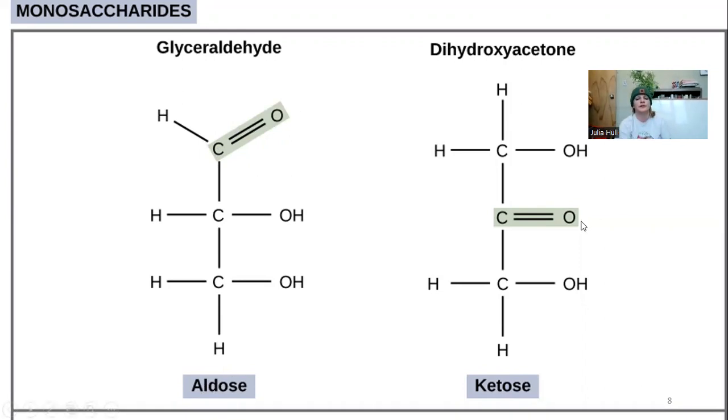A ketose, on the other hand, has that double bonded oxygen one carbon in from the very end. In this case, because it only has 3 carbons, it's double bonded to the middle. So just know the big difference between an aldose and a ketose. Ketoses behave differently in our bodies than aldoses because of the location of that double bonded oxygen.